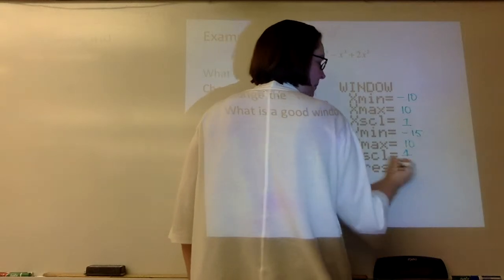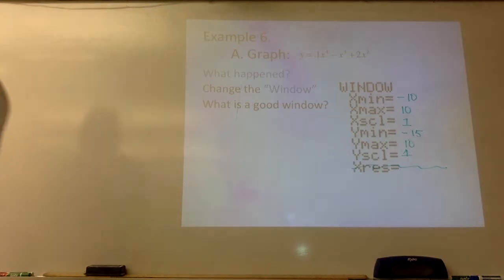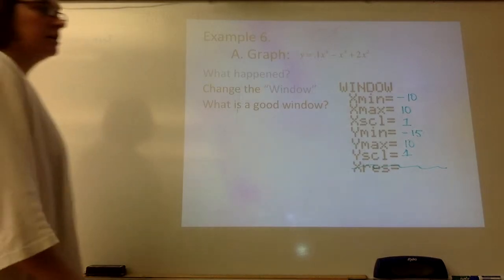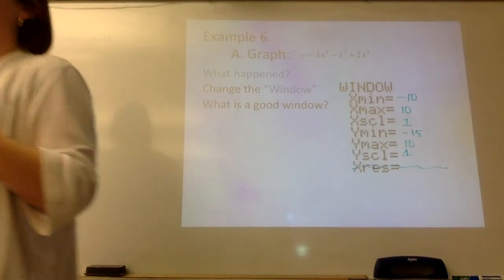Scale is 1, and I'll be honest, I don't really care about resolution. I'm really only looking at the 6 values of the table. So I'm going to assume when you do your homework and it says what is the best viewing window, that you copy down those 6 numbers, that those are the prompts. Everyone's calculator is the same when it comes to the list of prompts. -10, 10, 1, -15, 10, 1.